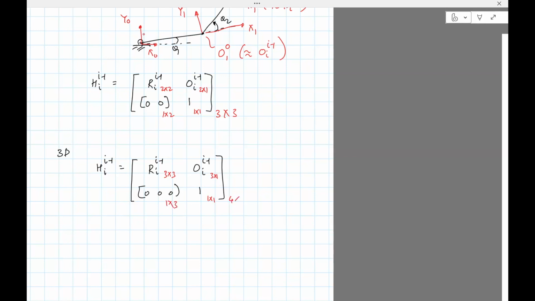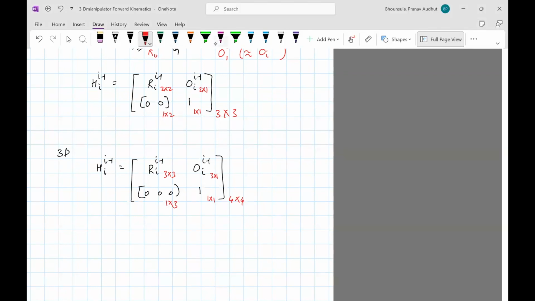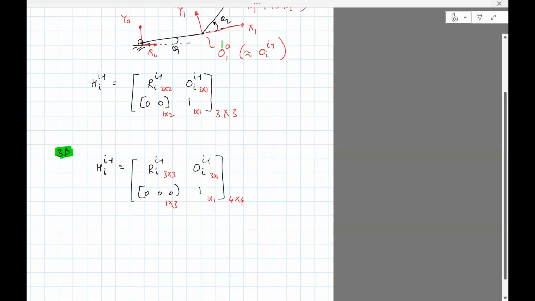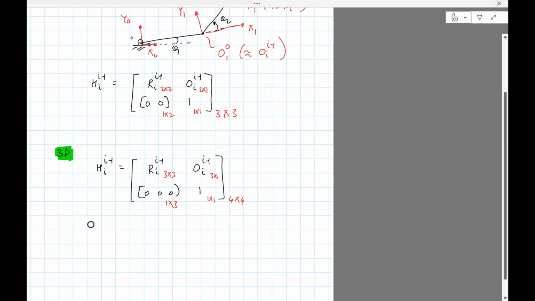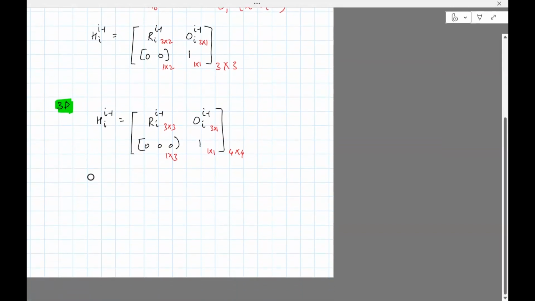And the size of this matrix is 4 rows, 4 columns. Okay, so this is what we will be using in 3D. Just adding the third dimension. The third dimension comes because the rotation matrix is 3 cross 3, and the position has an x, y, z. So O will have an x, y, z.